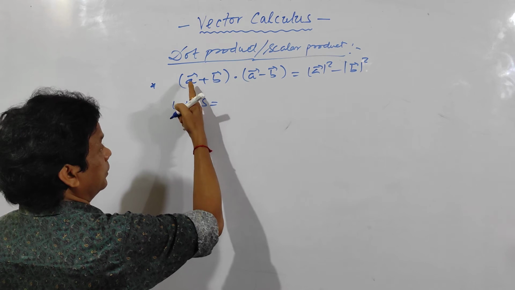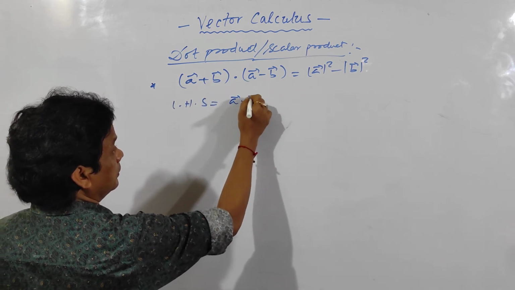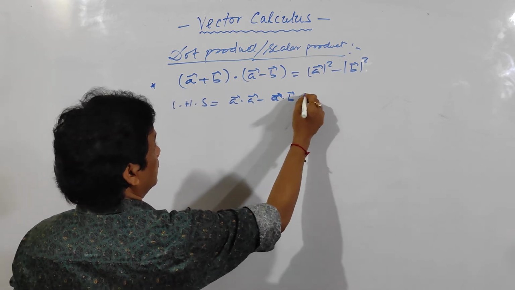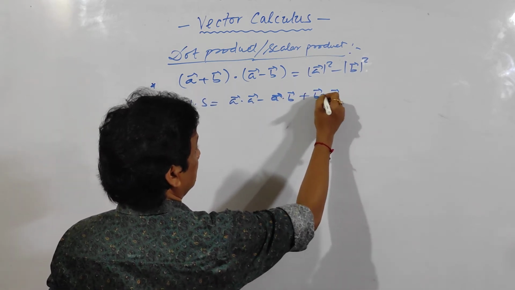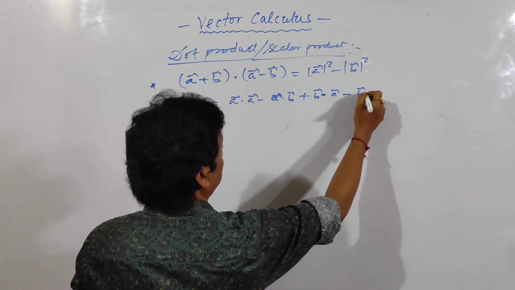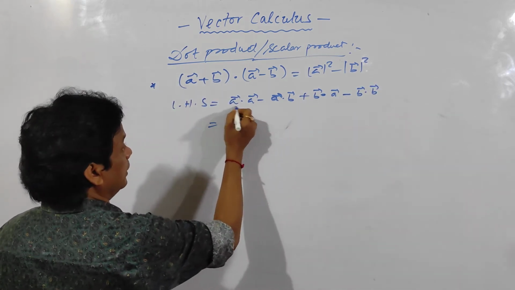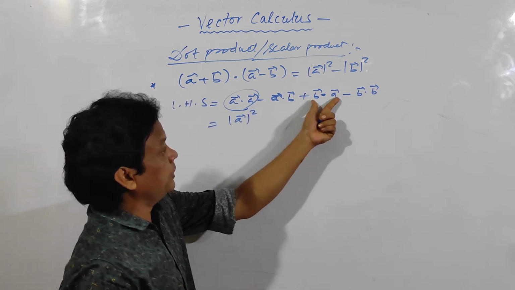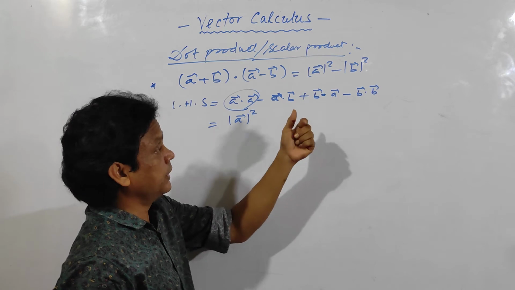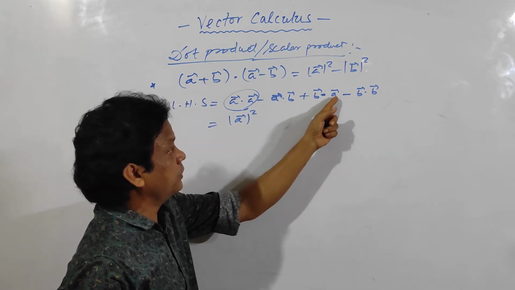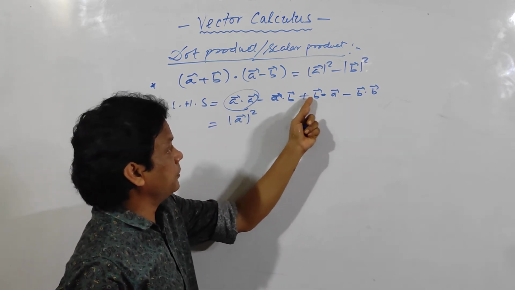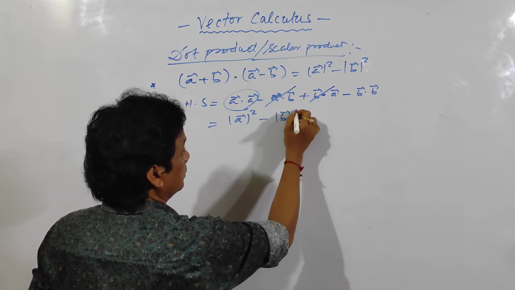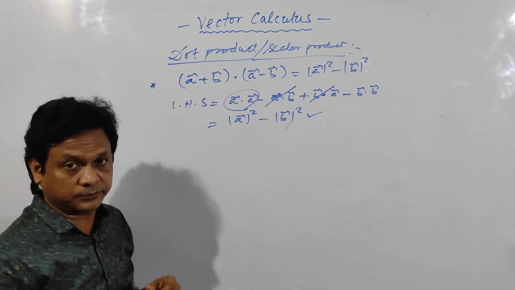Apply the distributive law: A·A − A·B + B·A − B·B. A·A is |A|², and A·B and B·A are commutative, so we can write B·A as A·B. So −A·B + A·B cancel with each other and what remains is |B|². Clear? This is your RHS.